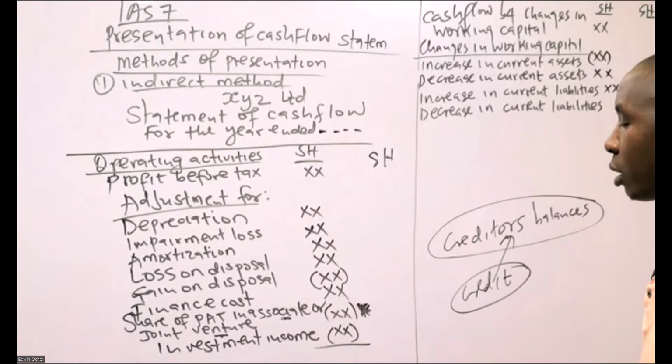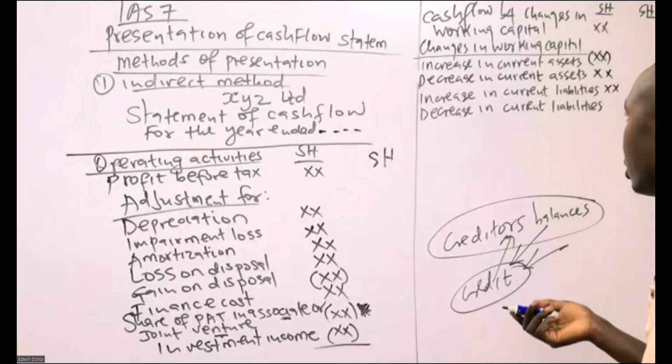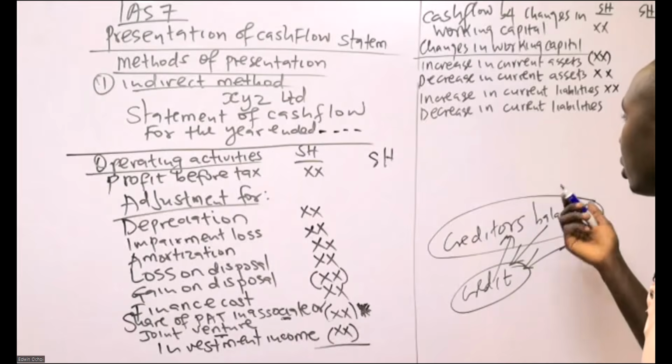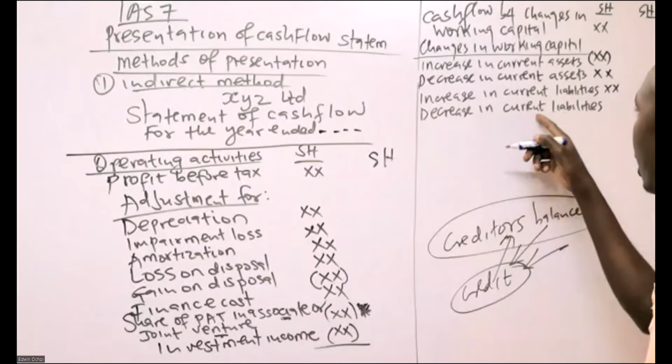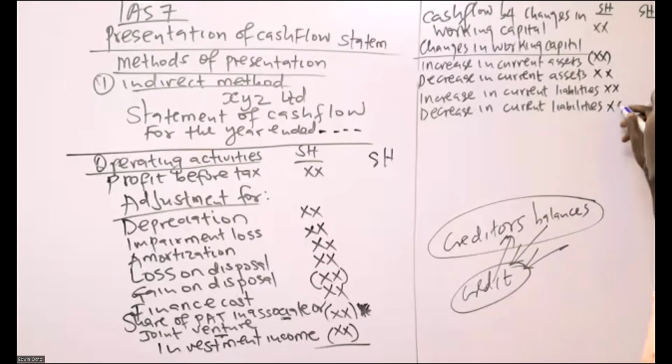If they have sold it to you on credit, is there any money you have paid out? There's no money out. You have just received the goods, but you have not paid. Then when your current liability decreases, when you pay the creditors, there's money out.